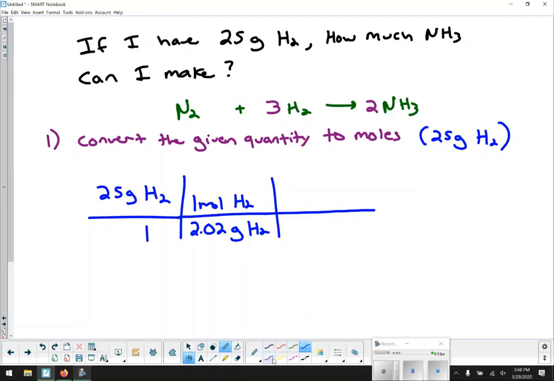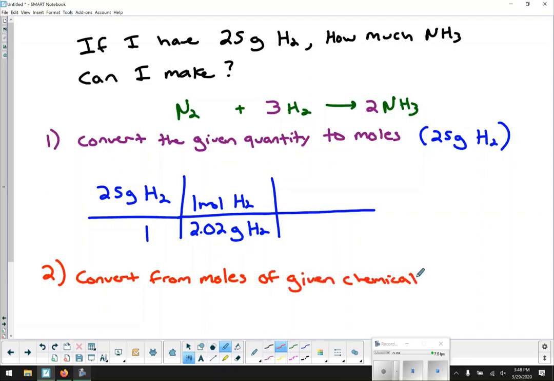So step 2 then is to convert from moles of the given chemical, and this is going to sound a little weird, to moles of the chemical that is asked for.